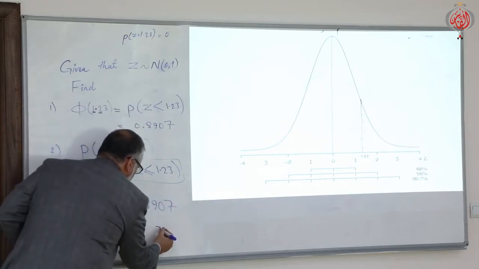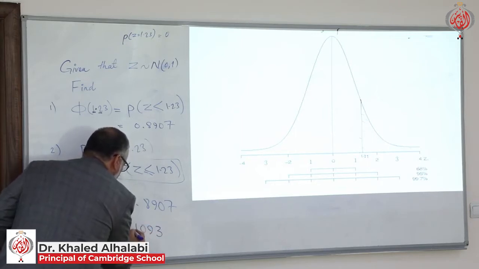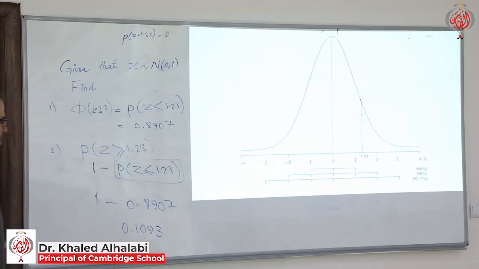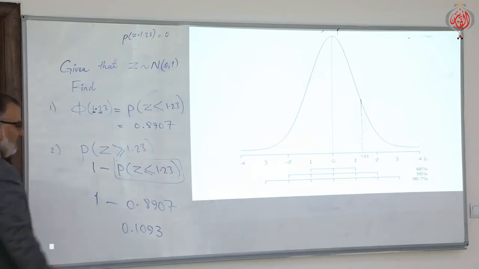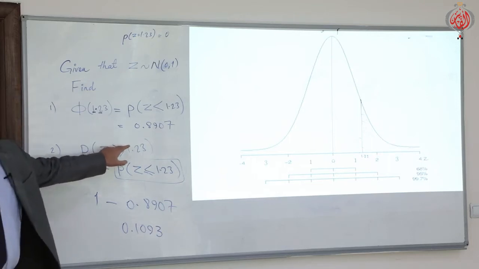So the answer is 0.1093. Okay, so this is the answer. This is the answer of the probability of Z more than or equal to 1.23.